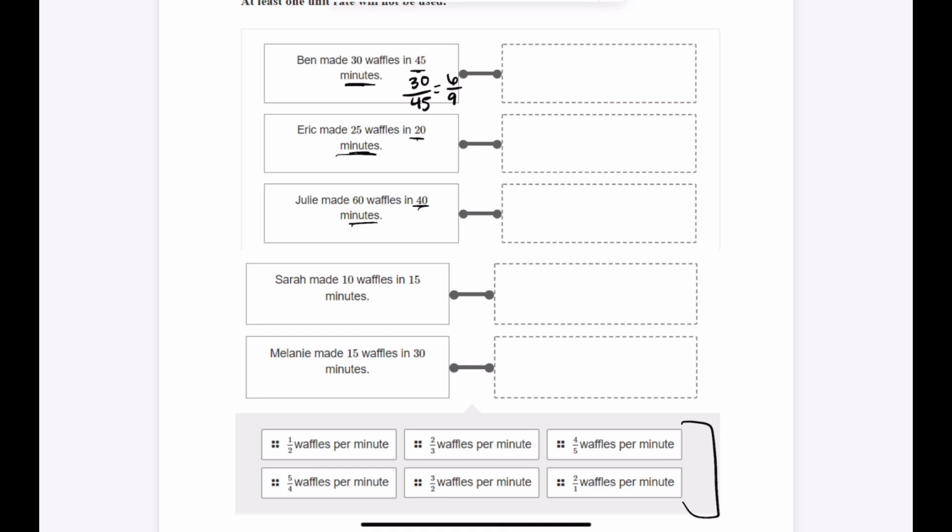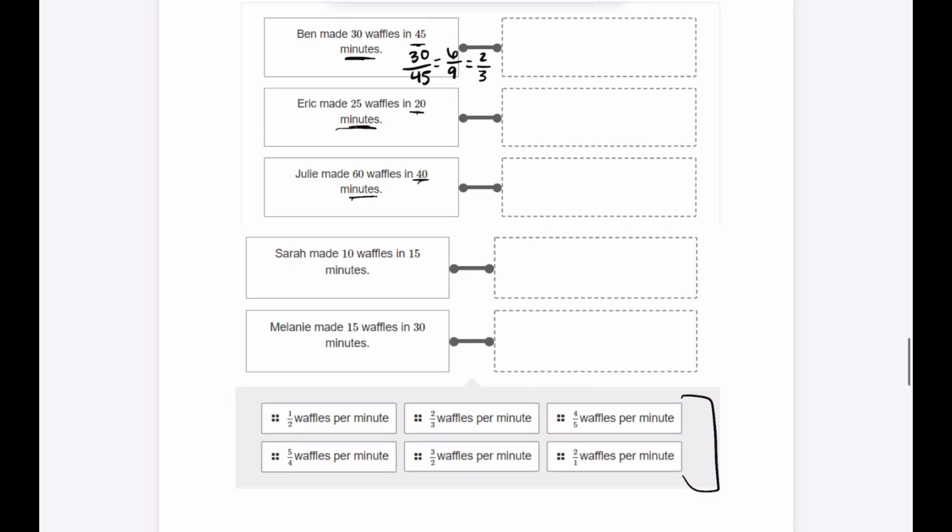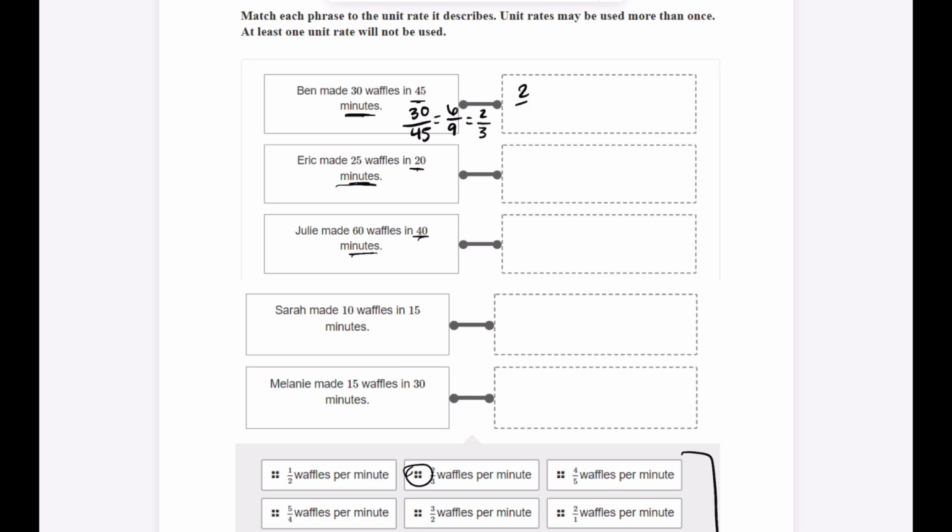The reason I got 6 over 9 was because I just simplified both by 5. But 6 over 9 can be simplified, again, by 3s. So 6 divided by 3 gives you a 2. And 9 divided by 3 gives you a 3. So I'm looking for 2/3 of a waffle per minute. And I do have that right here. So I have 2/3 waffles per minute.